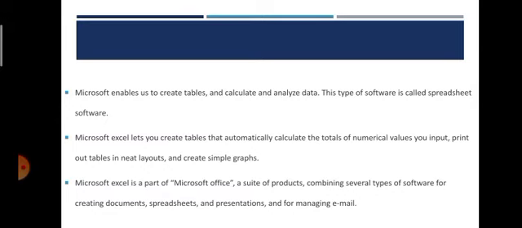So Microsoft Office has different programs, that is Microsoft Excel, Microsoft Word, Microsoft PowerPoint, and many other things, with which we can create documents, spreadsheets, and presentations, and even manage emails. So these all are provided by one thing, that is Microsoft Office. Under Microsoft Office there are many other programs. So here we are discussing Microsoft Excel.